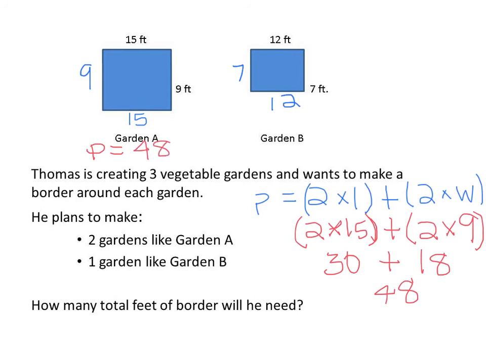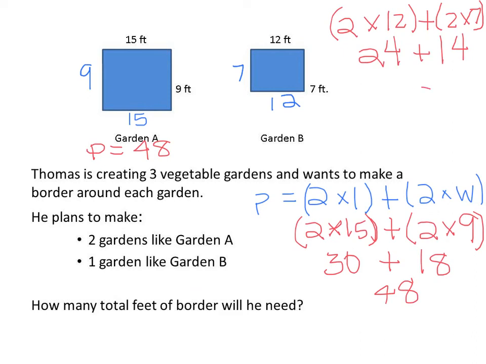Now garden B, let's use the same formula to calculate that perimeter. 2 times the length, which is 12, plus 2 times the width, which is 7. I know 2 times 12 is 24, and 2 times 7 is 14. So if I add my 1s, I have an 8, and then I can add my 10s, I have 3. So the perimeter for garden B is 38.